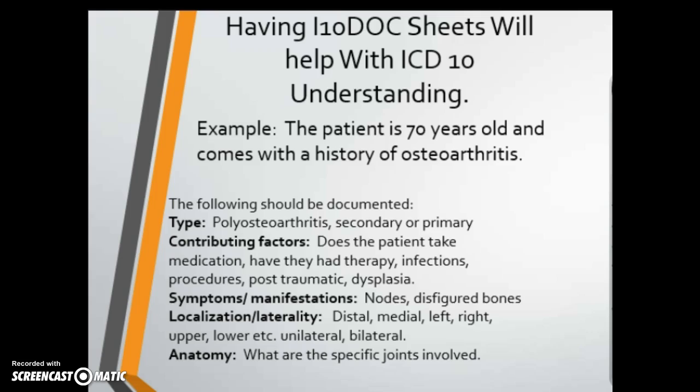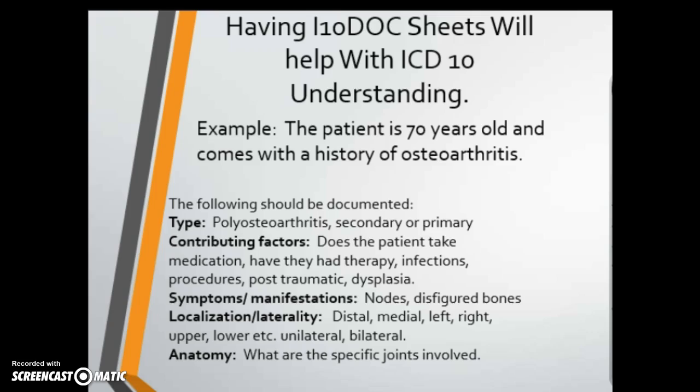Symptoms and manifestations we need to know. So along with the SOAP, subjective, objective, assessment, and plan of the patient in the documentation, you want to add the clinical factors.